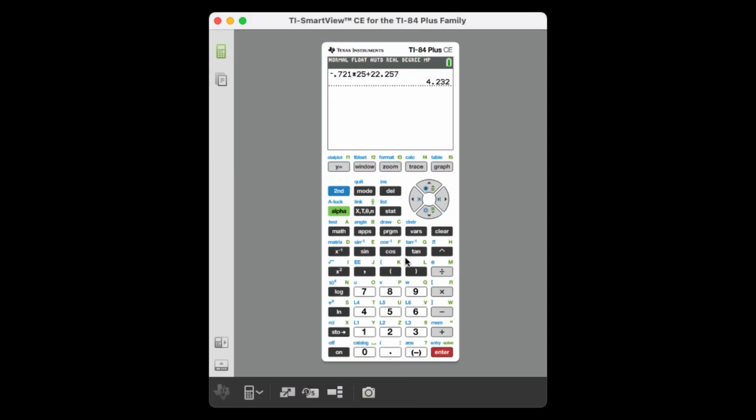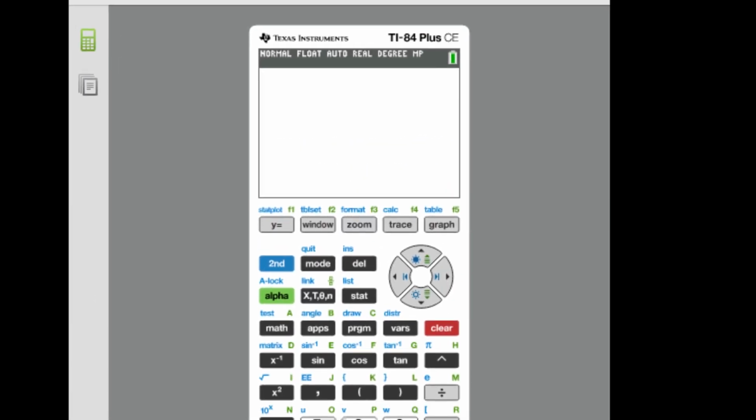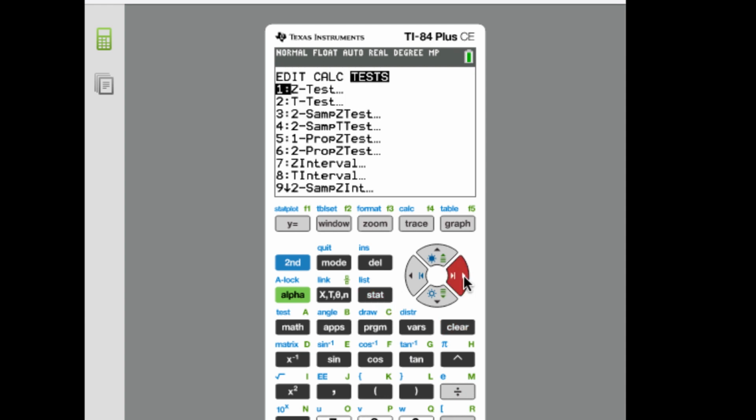All right, so in our TI, if we scroll kind of in a bit, we want to do two sample t-tests. So we can say what? Stat test, two sample t-test.